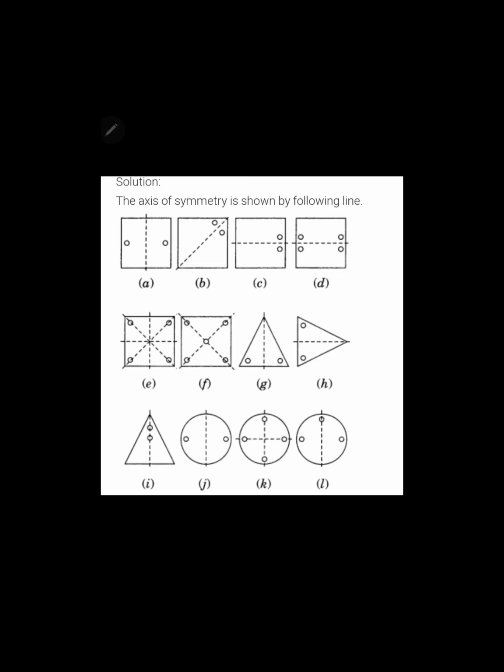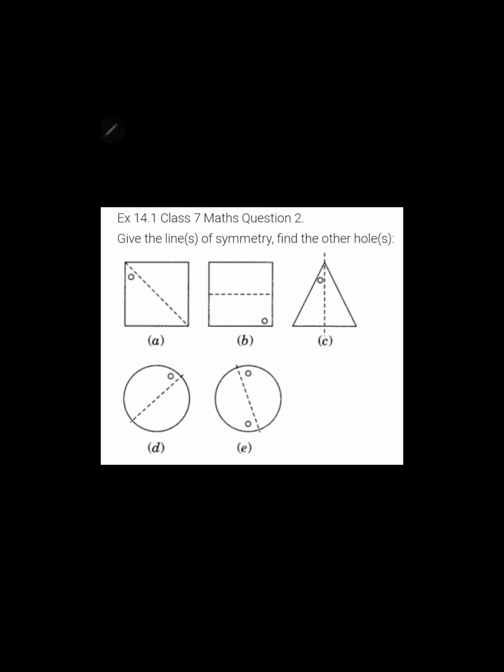Now come to question number 2. In question number 2, given the line of symmetry, find the other holes. Here you have to draw a punch hole. I'll tell you how to make this.